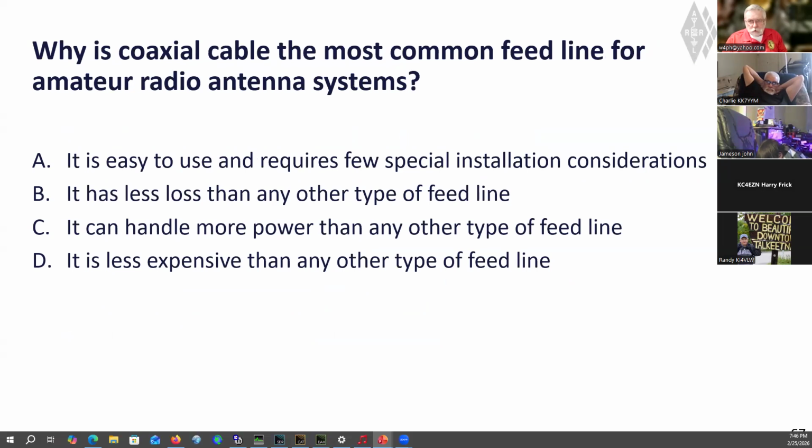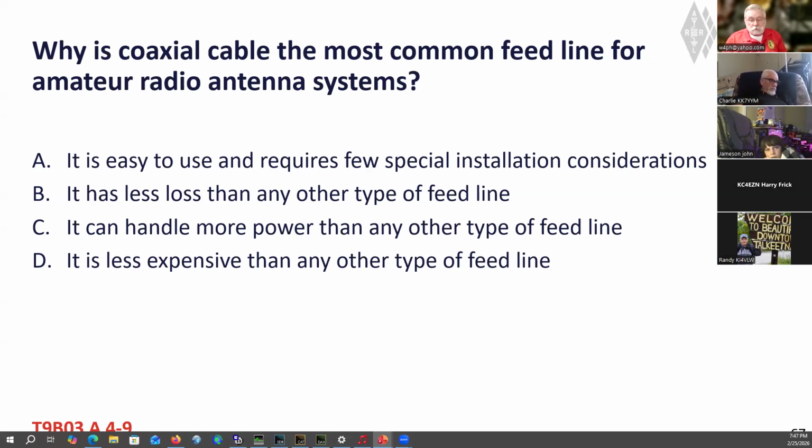Why is coaxial cable the most common feed line for amateur radio antenna systems? It's easy to use and requires few special installation considerations. And also because that's what your transmitter output on modern radios are designed to do.